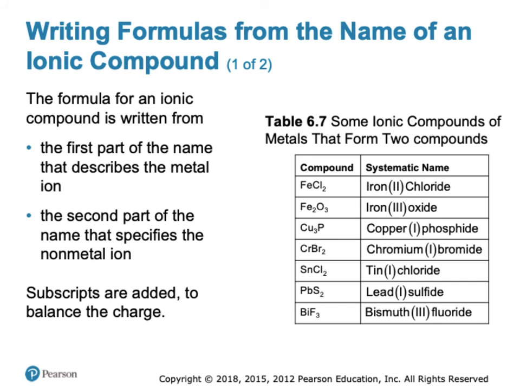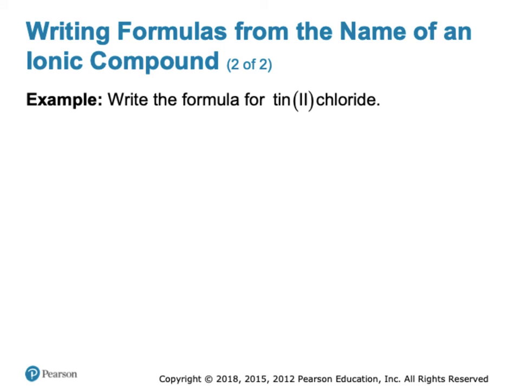Now we're going to work on writing a formula from the name of an ionic compound. The formula for an ionic compound is written with the first part describing the metal and the second part describing the nonmetal, and you add subscripts to balance the charge. We have to write the formula for tin(II) chloride. I do not expect you to have the periodic table memorized. You will be provided a periodic table that has the symbol and the name.